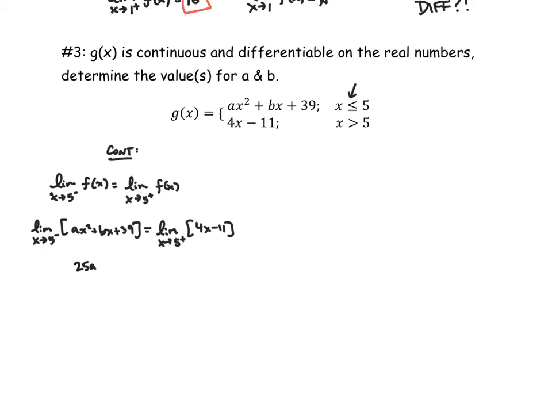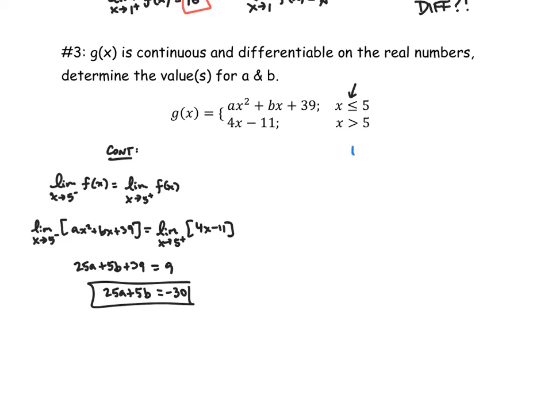I get 25a plus 5b plus 39 is equal to, that would be 20 minus 11, which would be 9. All right, so I'm going to do a little simplifying. That would be 25a plus 5b is equal to negative 30. Okay, so using continuity, I know that this is true. So since the function was continuous, I know that is satisfied.